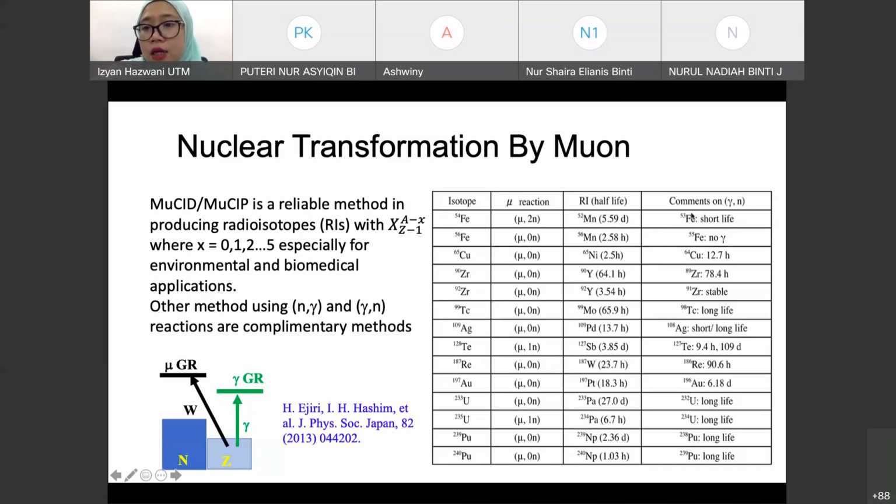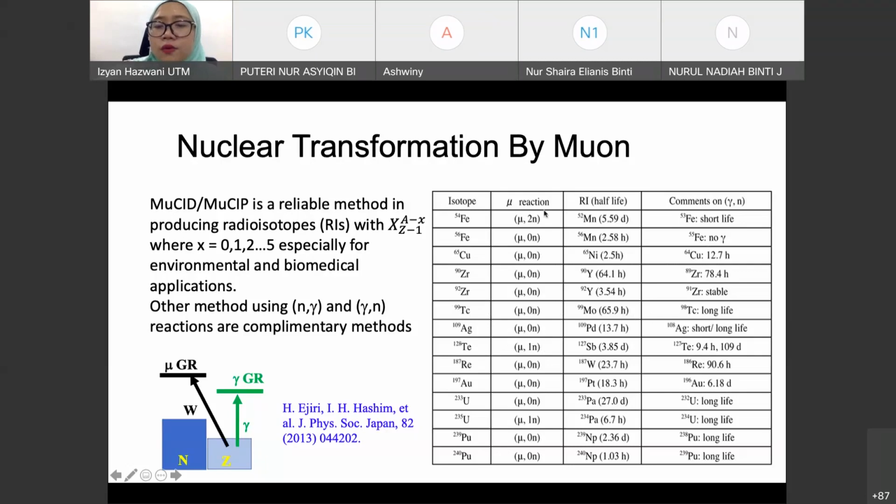But on the other hand, for photon irradiation, we can observe iron-53. And the same goes here. Our most common target that we wanted to observe is technetium-99. This is very important for medical research for cancer treatment. And this is a radioisotope of 65.9, and the photon reaction will give technetium-98.